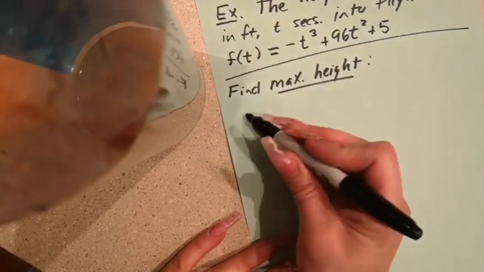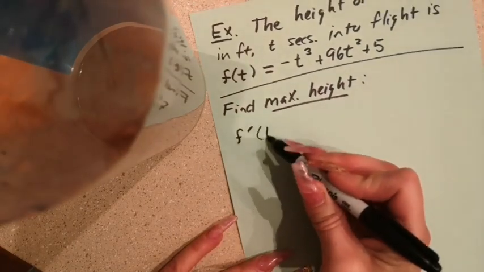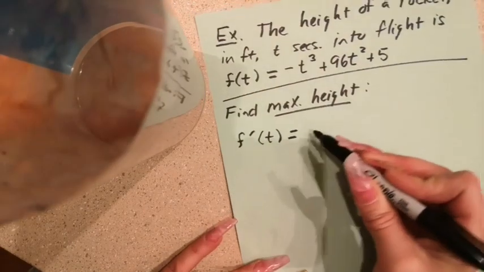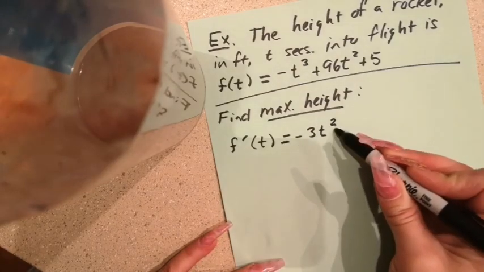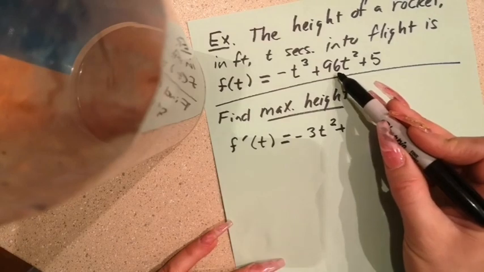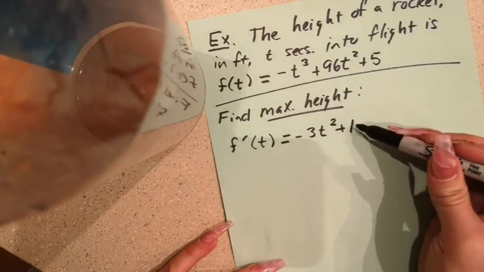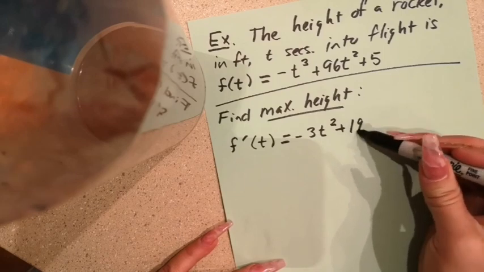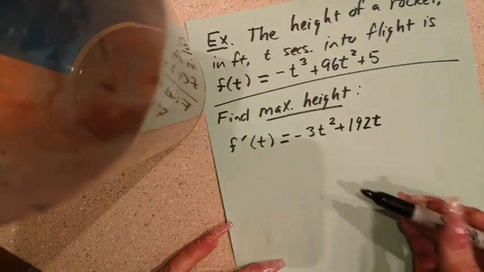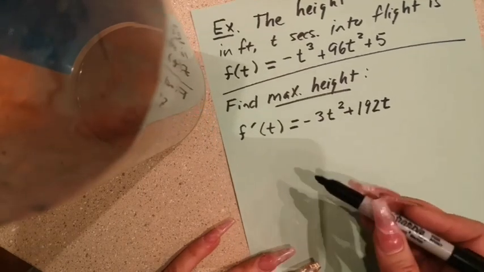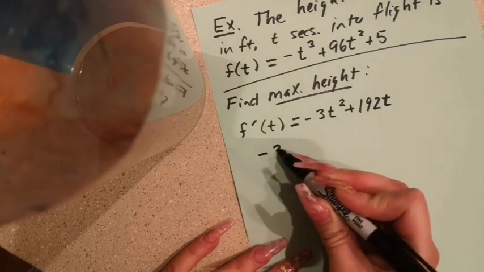Okay, so let me find the derivative. So that would be negative 3t squared plus, let's see, what is 2 times 96? Is that 192? t. Okay, then let me set this to 0.